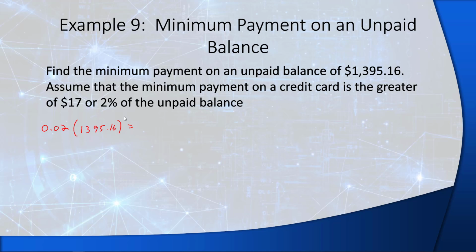And that will be equal to $27.90. Okay, now the minimum payment is going to be the greater of $27.90 or $17. And clearly this is greater, so this right here will be our minimum payment.